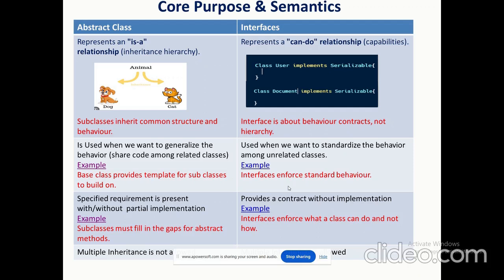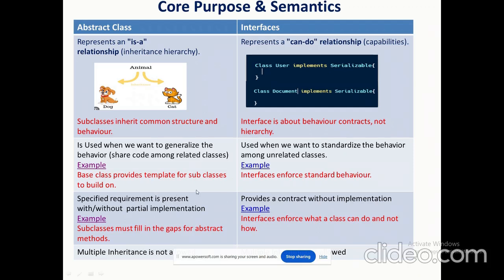Here we see a user class or a document class which are unrelated by inheritance. Both implement this and get the capability of being serializable. The key point here to understand is that interface is all about behavior contracts and not hierarchy.